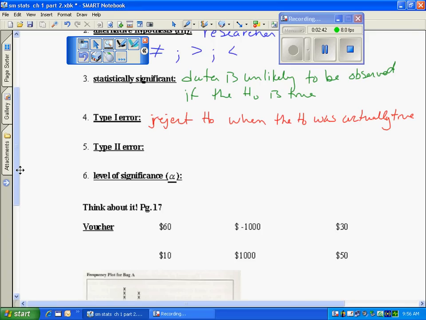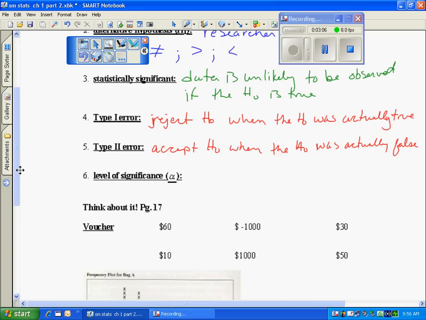A type 2 error is when I accept the null when the null was actually false. In other words, I should have rejected it, but my data supported it, so I kept it. We are only really going to focus on a type 1 error. Type 2 error is a beta error.